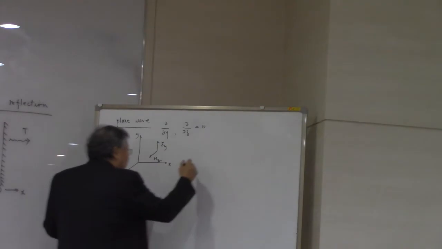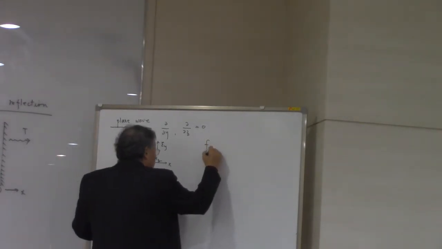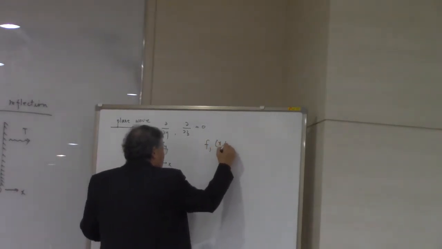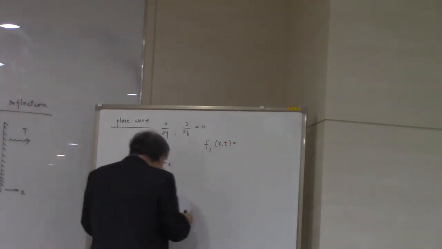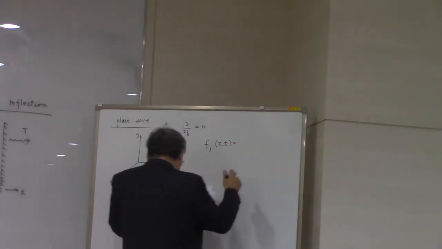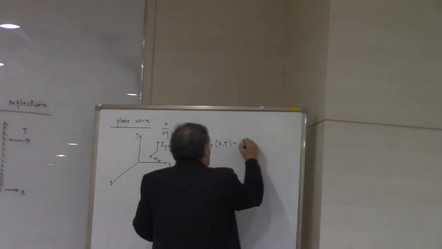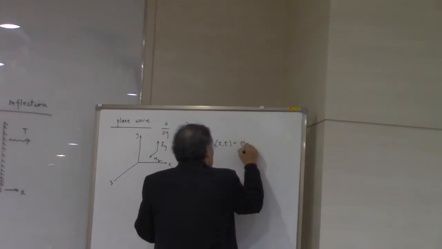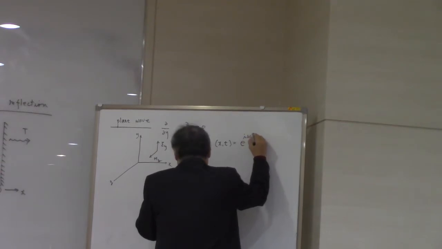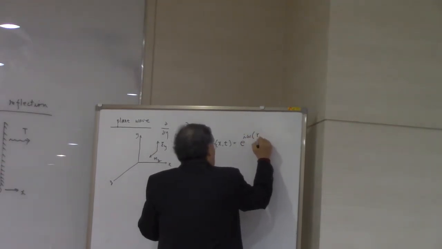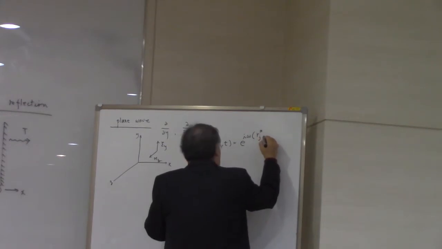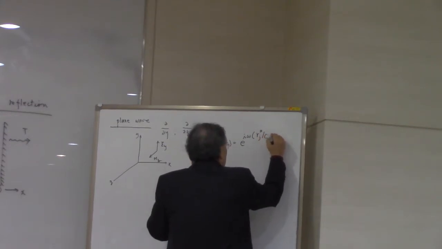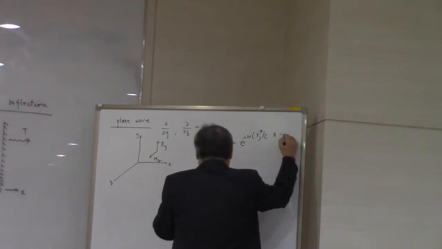Now if you set F j of x and t equal to e to the i omega r j star over c, x minus t.